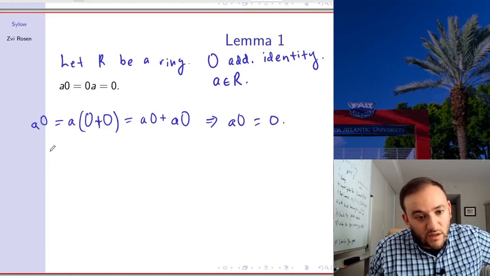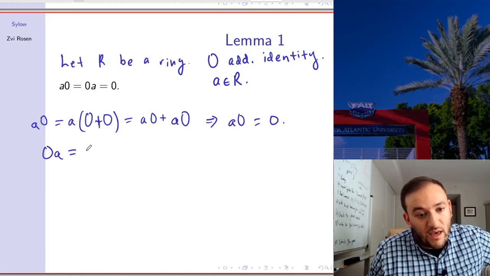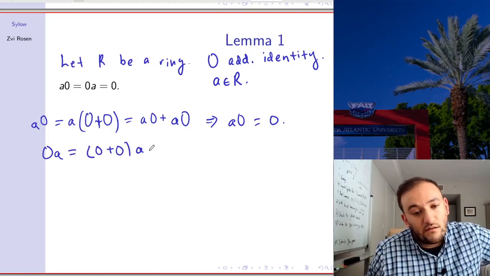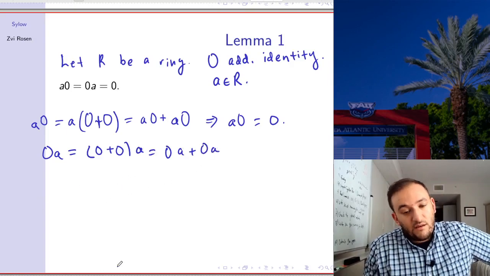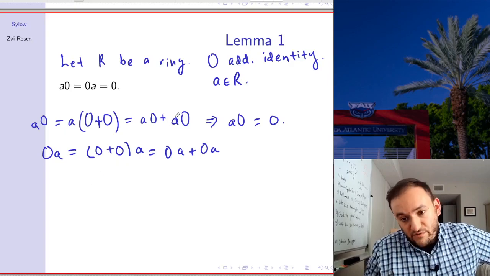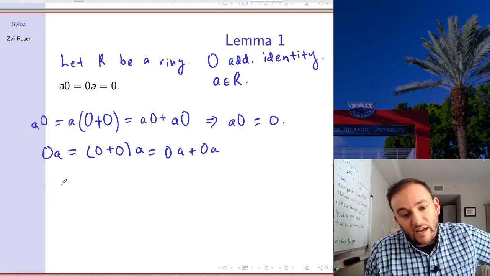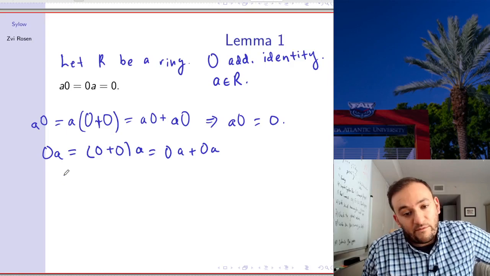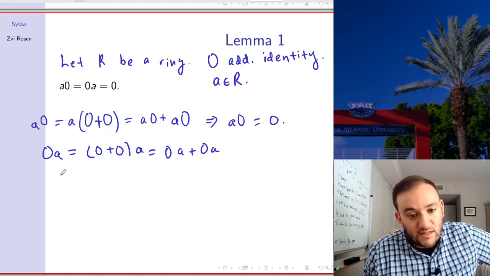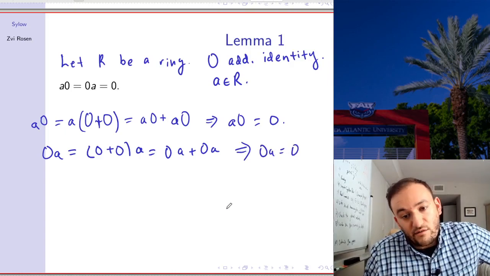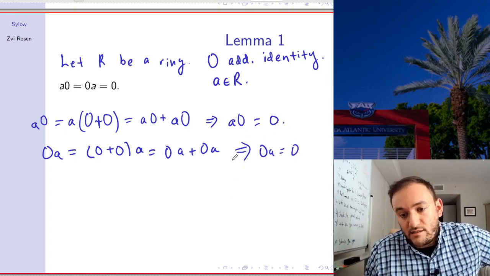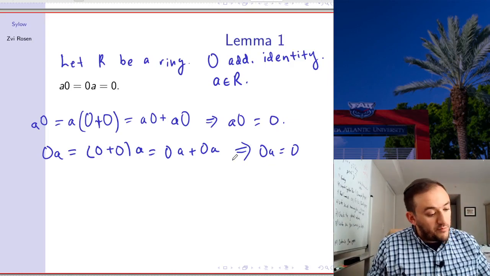By the same token, 0A equals (0 plus 0)A, which is equal to 0A plus 0A. It's a group under addition, just as up here, so we can subtract 0A from both sides, which gives us that 0A equals 0. And then since they're both equal to 0, they are equal to each other.